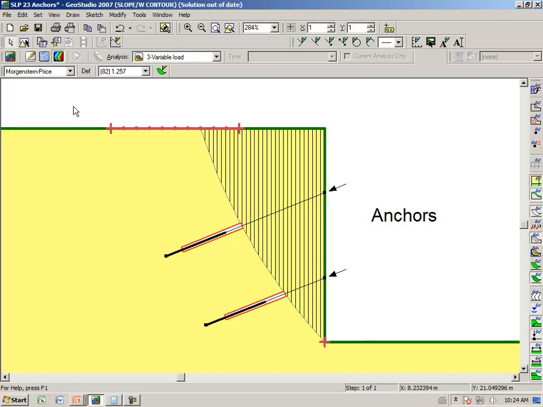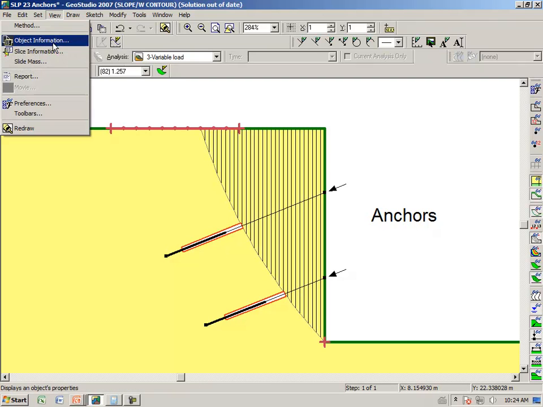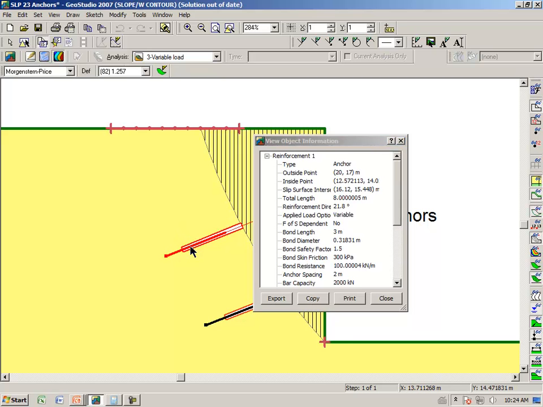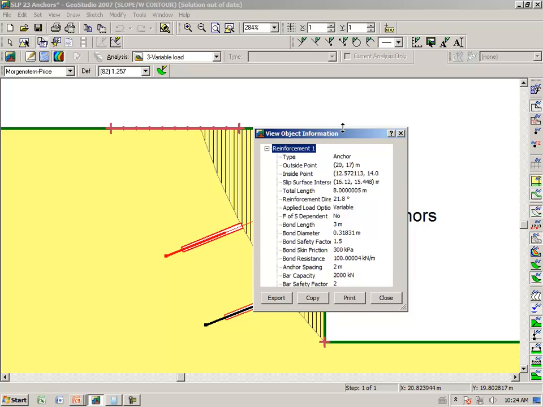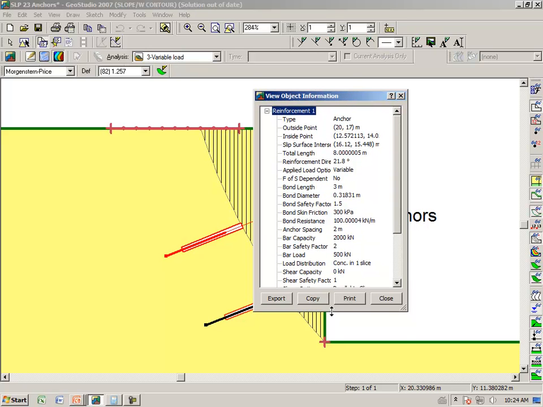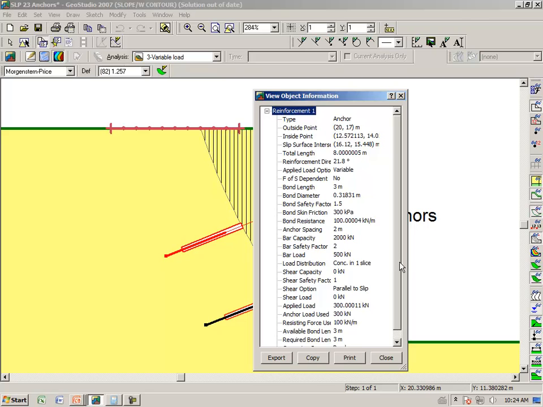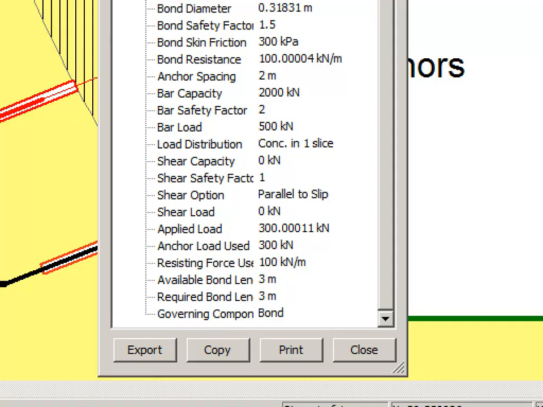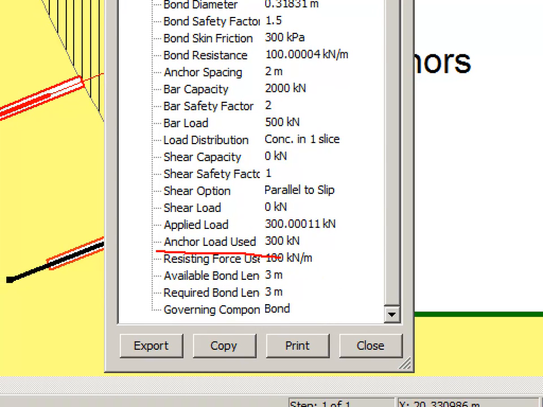We are in the results view. We go View, Object Information. And if we click on the anchor, we have a large amount of information here about the anchor. Once again, notice that we have used the 300 kilonewtons.